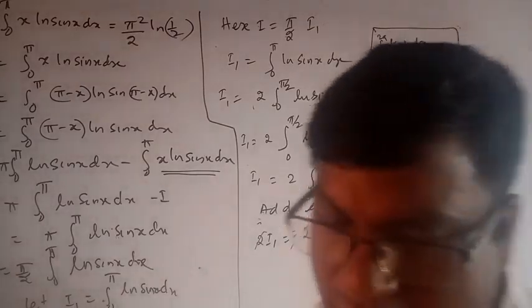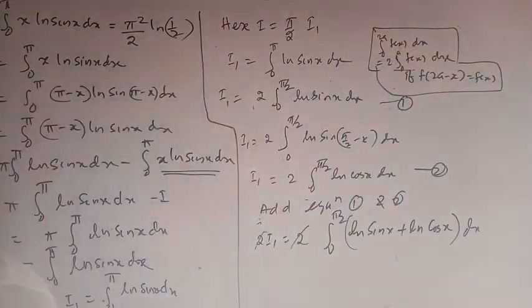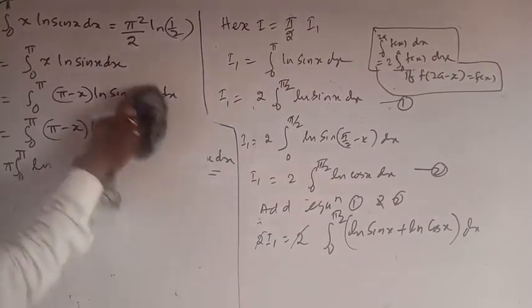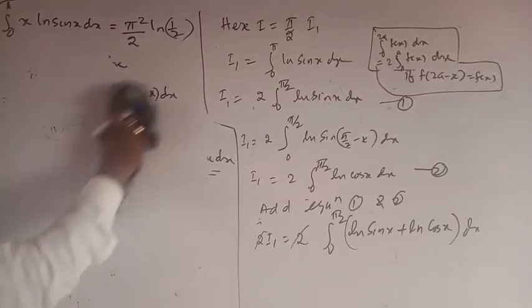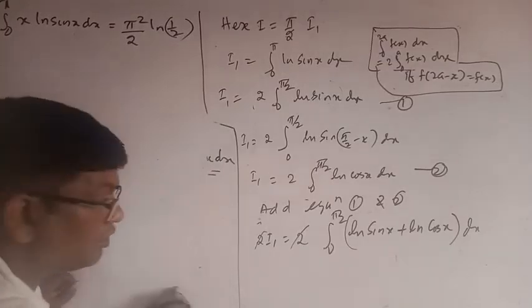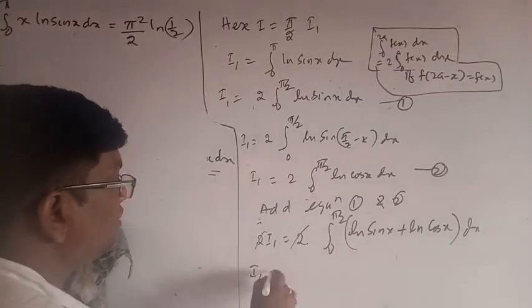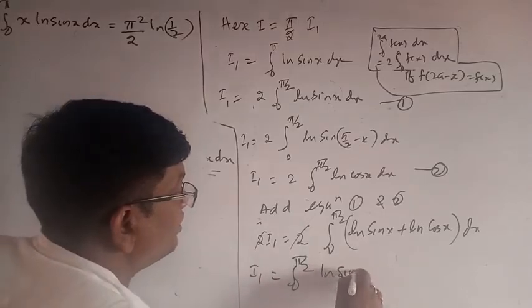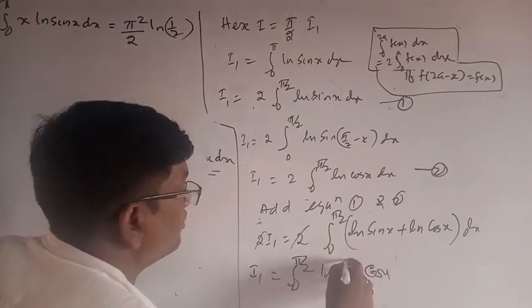So I1 is equal to the integral from 0 to pi by 2 of log of sin x cos x dx.